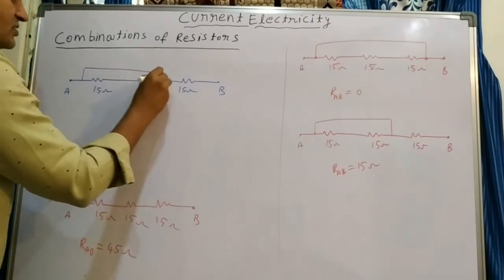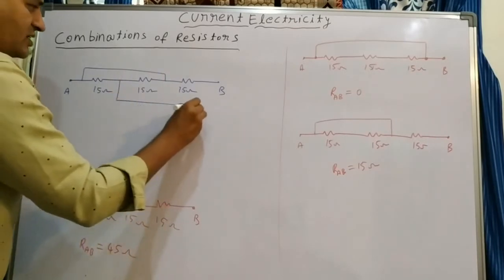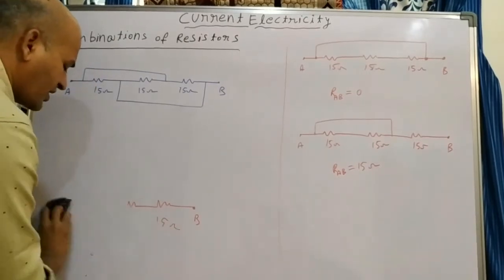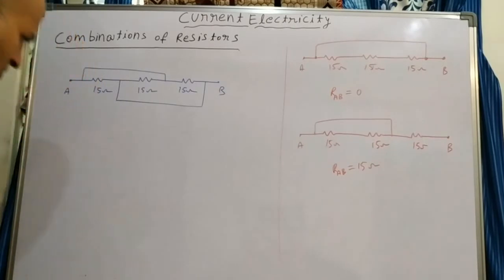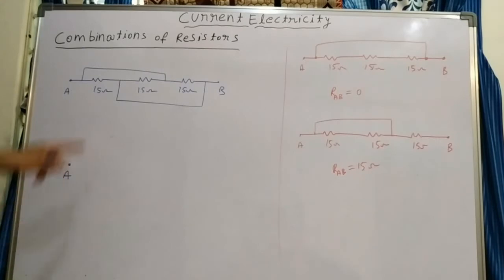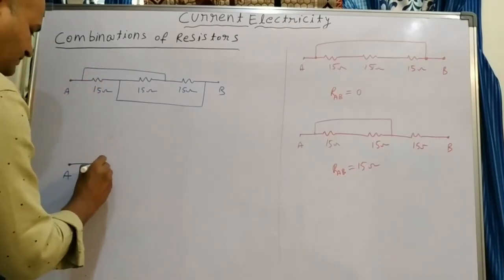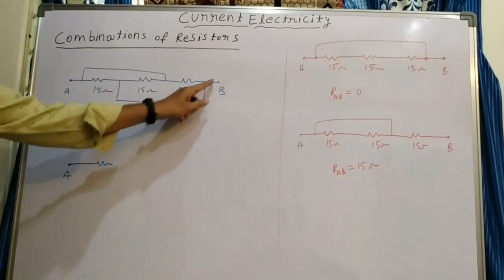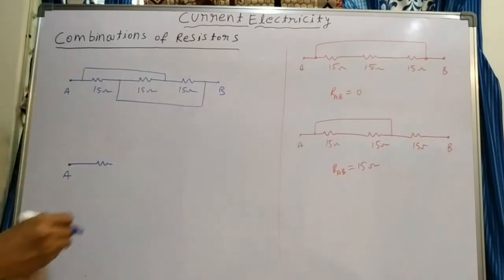A wire is connected like this, another wire is connected like this. In this case, what resultant resistance do you get between A and B? For this, you have to modify the circuit. How are we getting it? You see, at point A, first resistor, one end connected at A. What about the other end? The other end is indirectly connected to B. Why? Because this is a short circuit wire, it is connected to B.